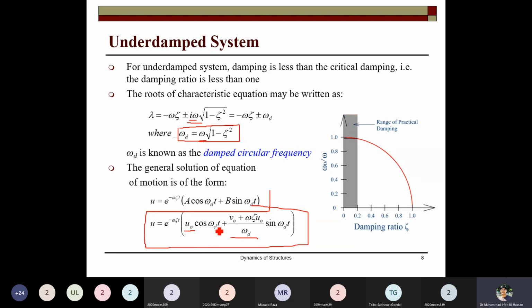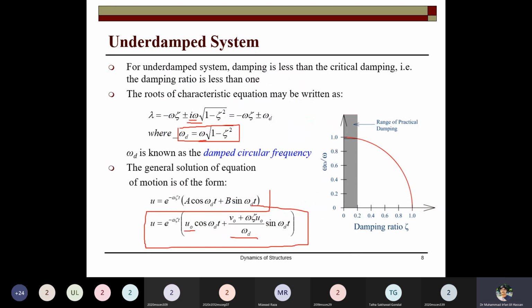We have the omega d value, which is omega into square root of 1 minus zeta square. These are known. V naught and u naught are the initial conditions, and zeta and omega are known. So with the exponent, we can use this function in MATLAB or anywhere, and we can plot the u value.